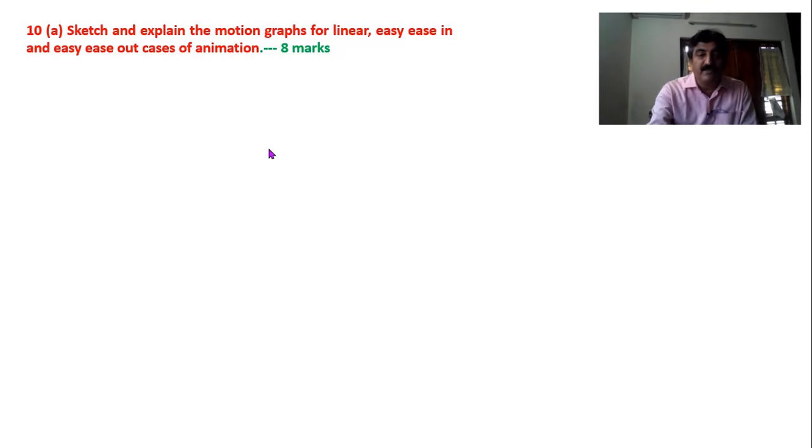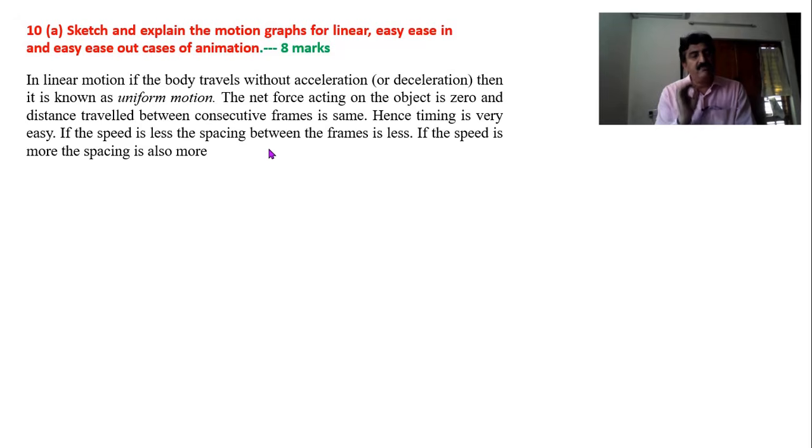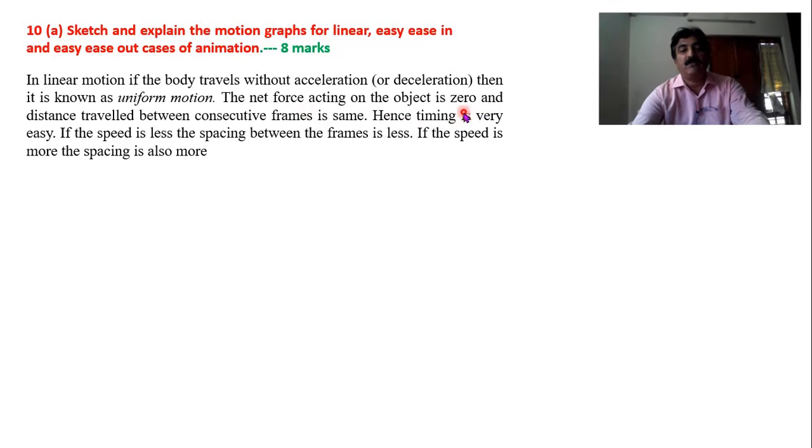If a body moves with constant velocity, animation is very simple. Framing is very simple: equal distances in equal intervals of time. So give the spacing uniformly. That is what this sentence means. In linear motion, if the body travels without acceleration, then it is uniform motion. The net force acting on the body is 0 and in equal time intervals, the distance traveled will be the same.